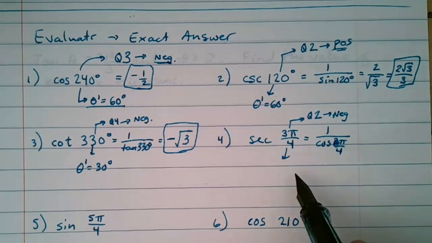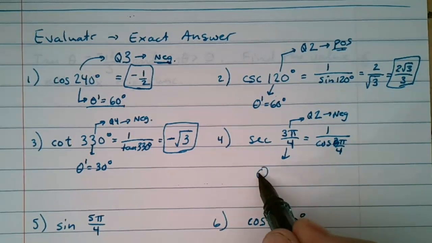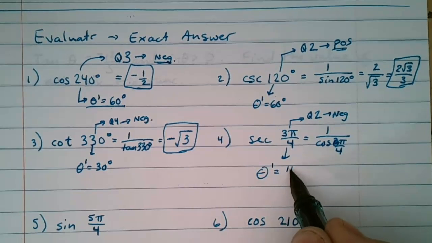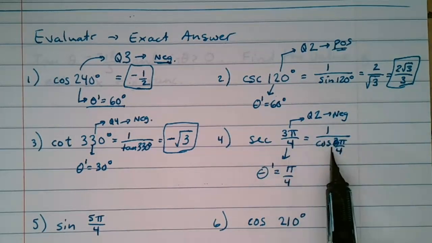By the way, this is the one place where radians really shine, because the denominators for these exact values are only a few possible choices. And so 3 pi by 4, the reference angle will be pi by 4, which is 45 degrees. So what I'm really asking you is, what's 1 over the cosine of 45 in quadrant 2?